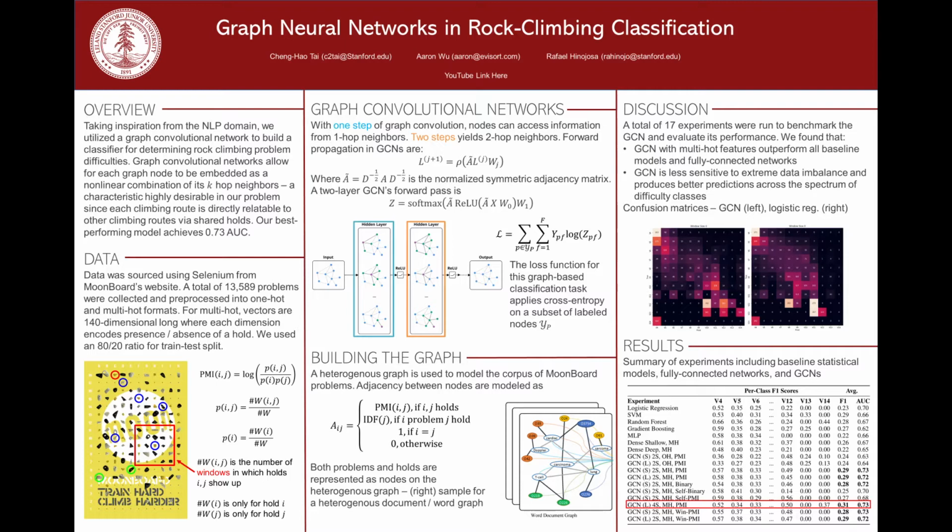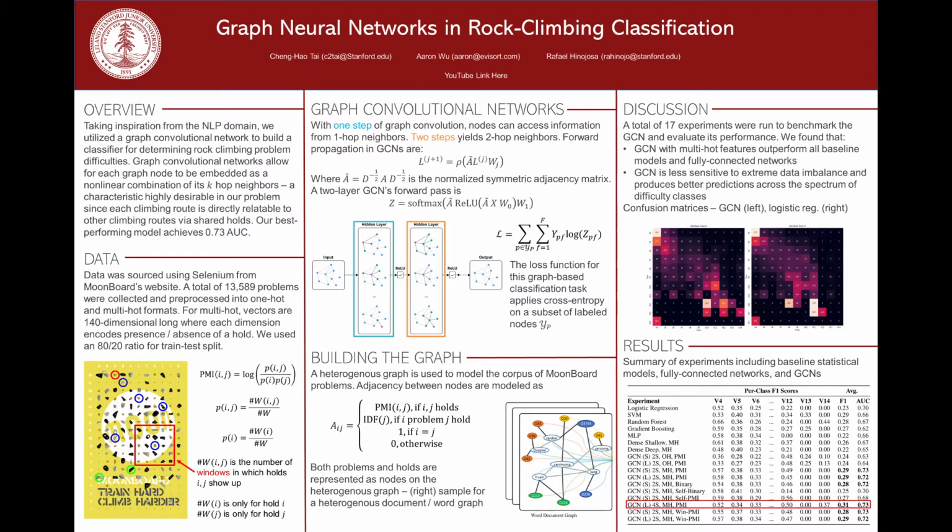And exactly what is a graph convolutional network? Right here, where my cursor is pointing, is the forward pass equation of a graph convolutional network. At every single step of a graph convolution, which is defined by a matrix multiplication with A tilde, every single node has access to information from nodes that are one hop away.